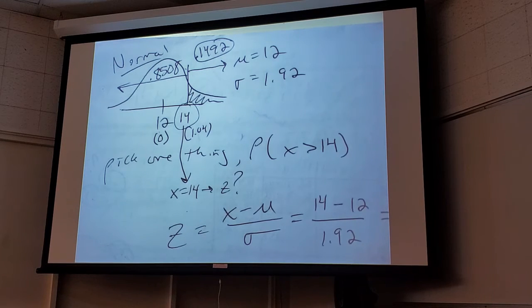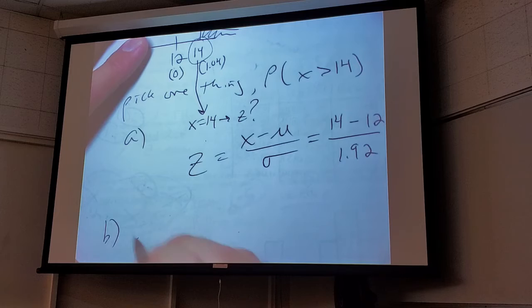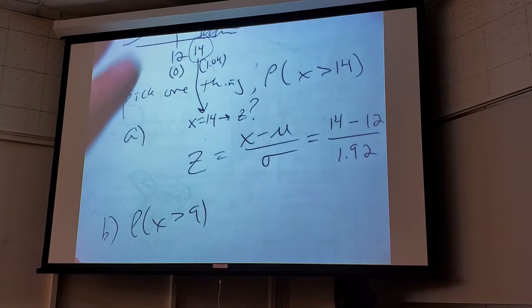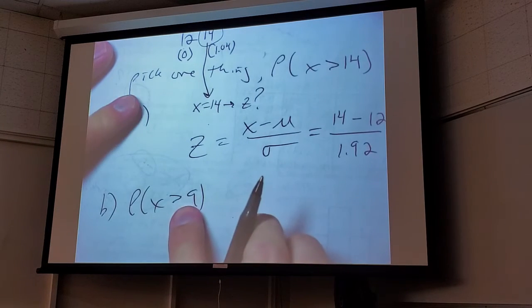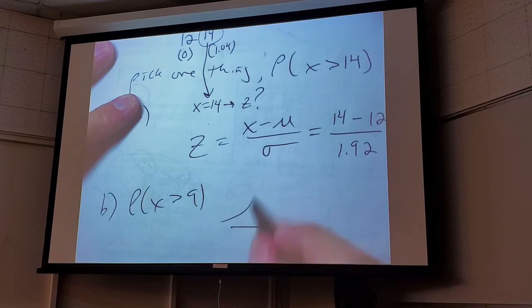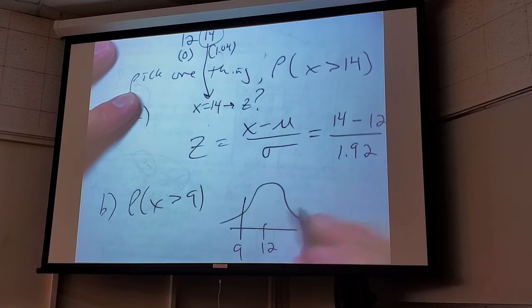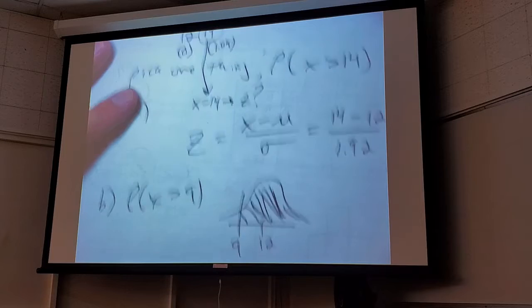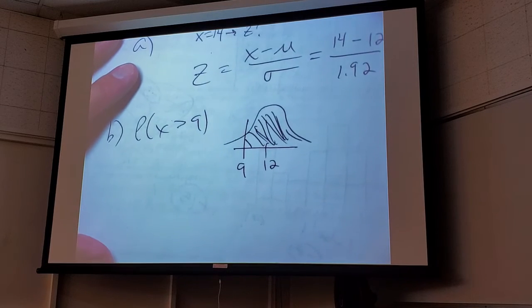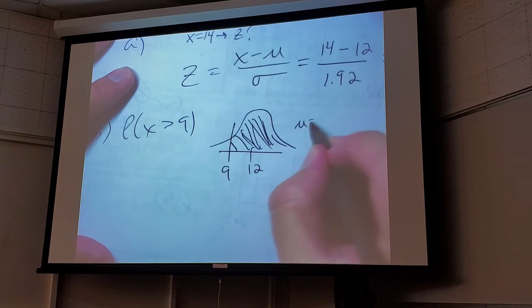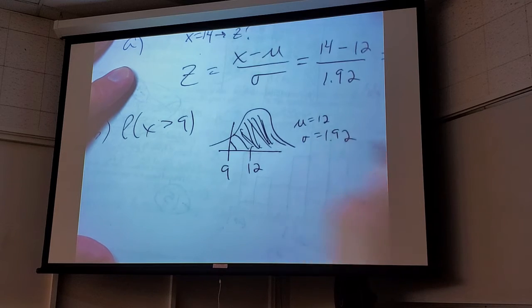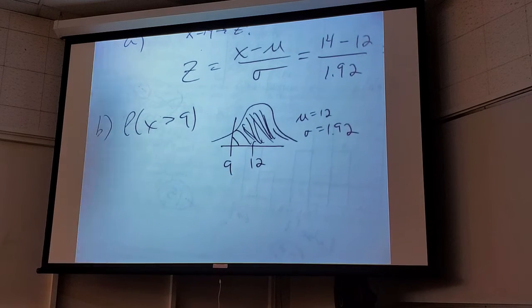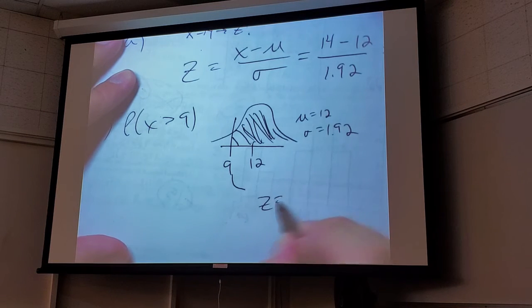What if instead the question was, what's the probability x is greater than 9? The picture would basically start the same. Just to remind you, the mean was 12, standard deviation 1.92. It's the same work, I just got a slightly different number. I still make a z-score out of this.